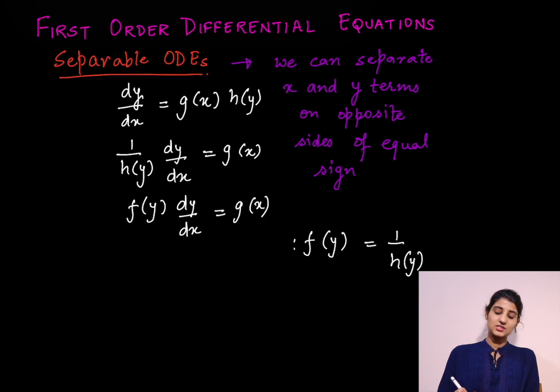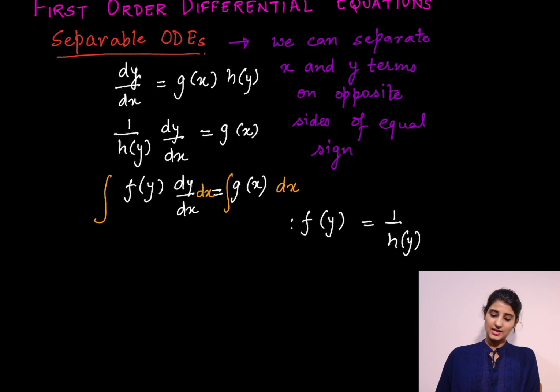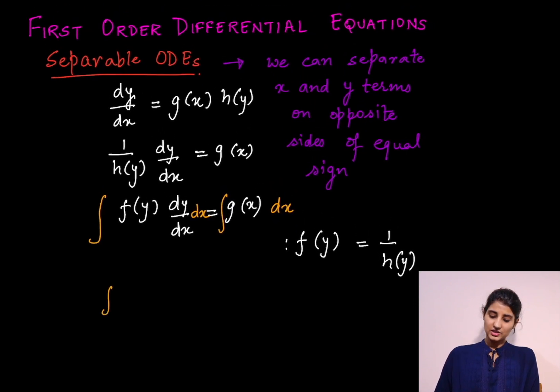And solving the separable differential equation is super easy. What we are going to do is, we will separate and then we will integrate both sides with respect to the independent variable. So we will have the integral of f(y) dy equal to the integral of g(x) dx.